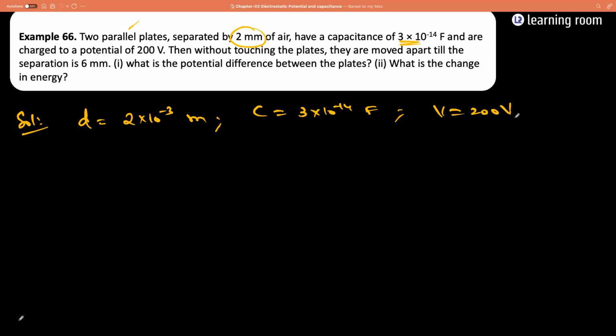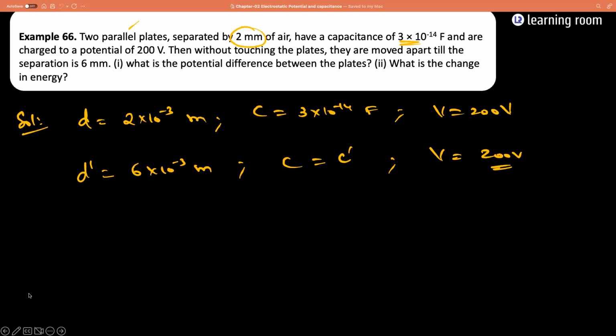Then, without touching the plates, they are moved apart till the separation is 6 millimeter. So D dash is equal to 6 into 10 power minus 3 meter. Capacitance will change; let me call it C dash. What is the potential difference between the plates in this scenario?